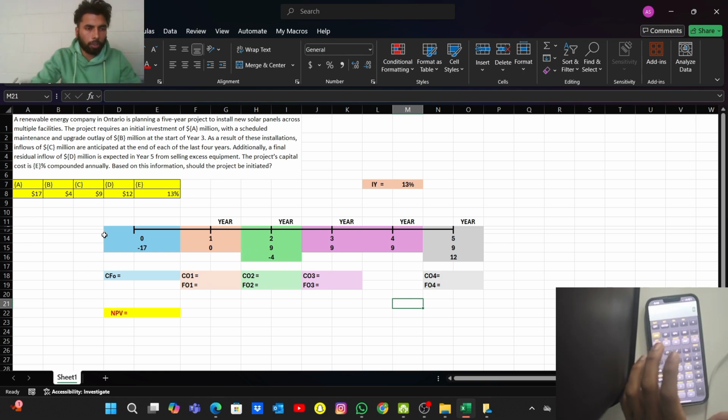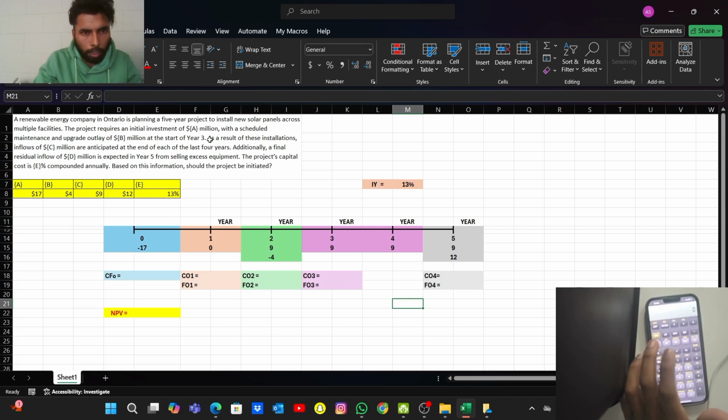So start by making a timeline for the 5-year project, with intervals 0 to 1, 1 to 2, 2 to 3, 3 to 4, 4 to 5. The investment is at the beginning of the first year, 17 million.